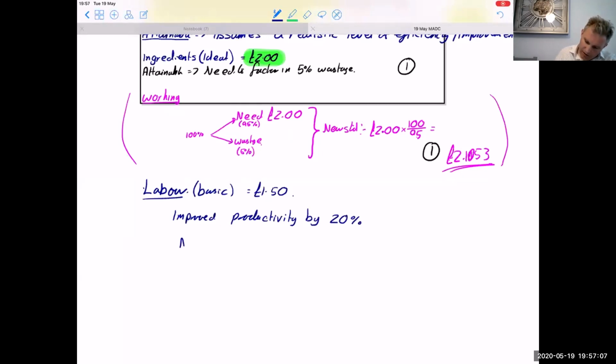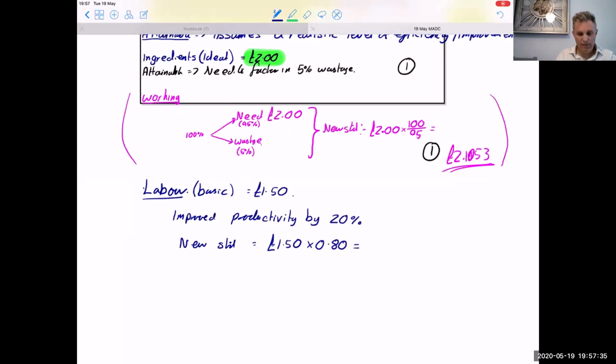So the new standard, I would just work out as £1.50. We're 20% better than we were, which means we're now only taking 80% of the time that we were back 10 years ago when this was written. So multiply that by 0.8 or 80%, depending on how you want to write it.